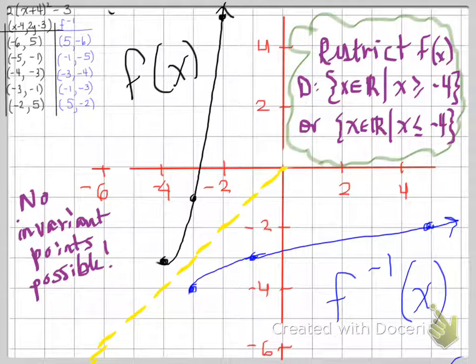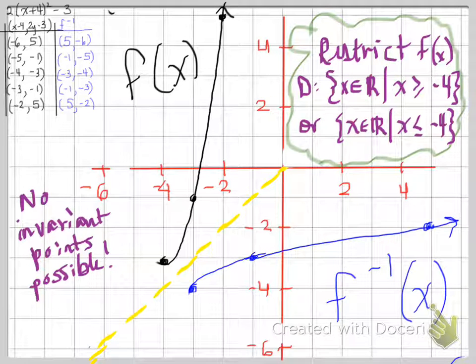Anyways, folks, I know this was a big lesson, but the importance of this is the fact that inverses are just a reflection on that y equals x line that you see here. The inverse can be a function if you restrict the domain, but in general, we always just take the original function, whatever it is, and just switch the x and y values, and that will give us our inverse function.